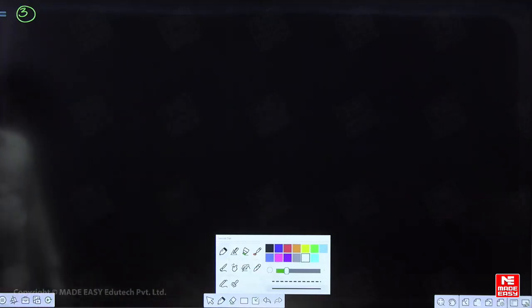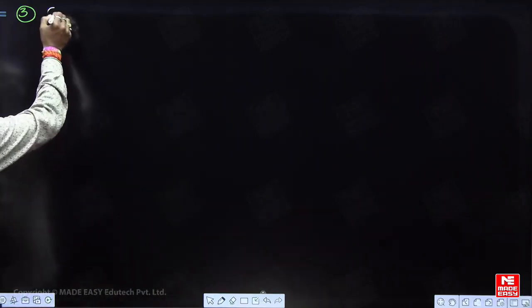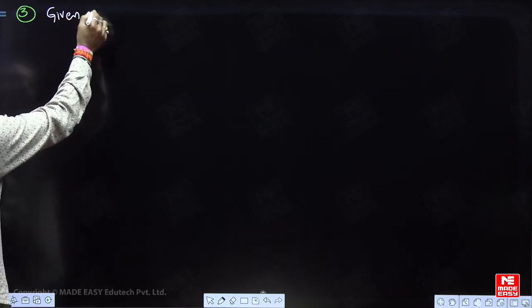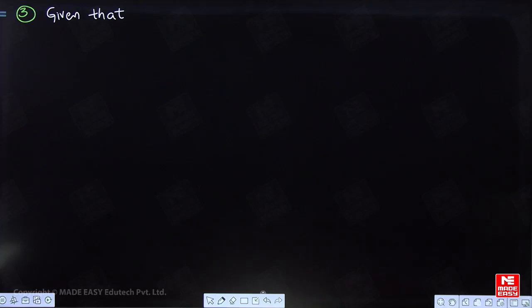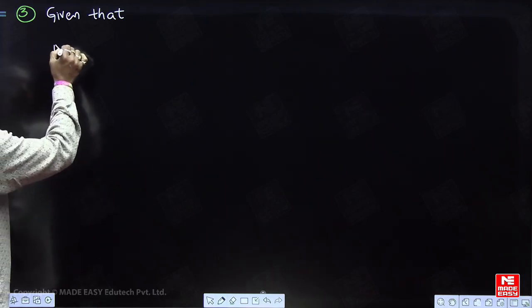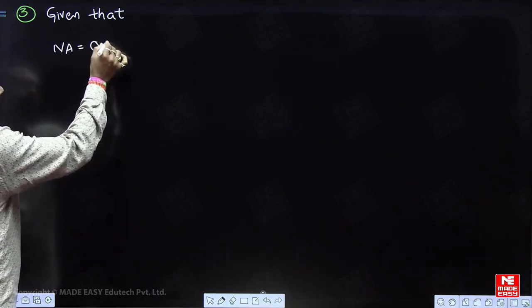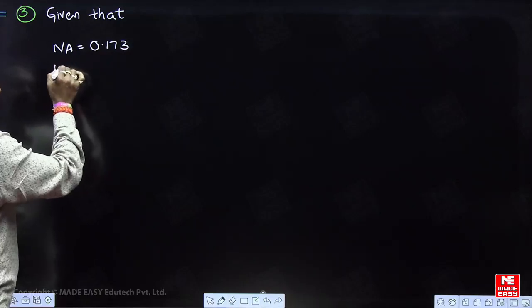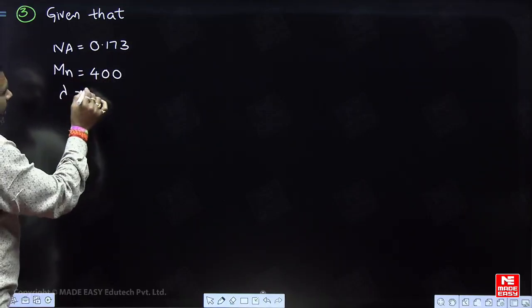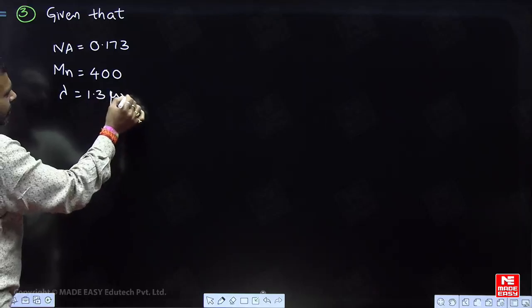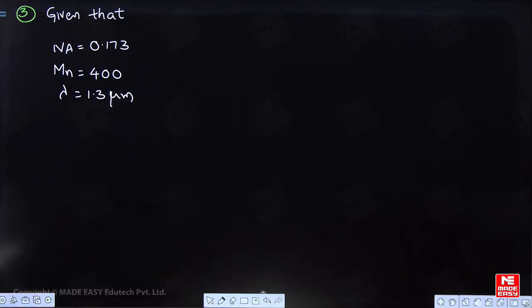If you see question number 3, what is the data given? The first thing given is the numerical aperture, NA is equal to 0.173, supports a number of modes of 400, operating at a wavelength of 1.3 micrometers.